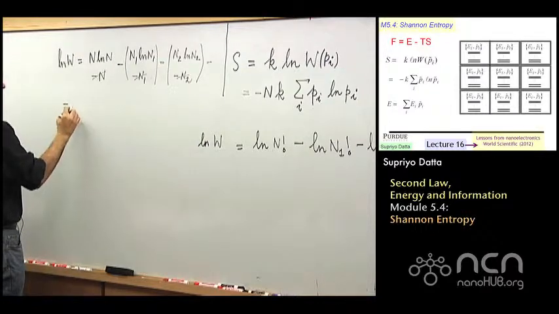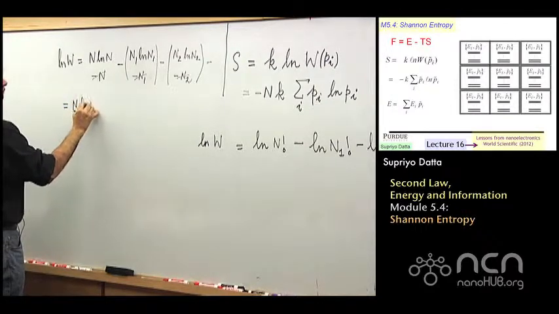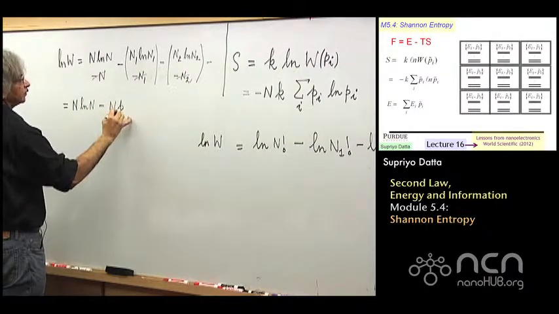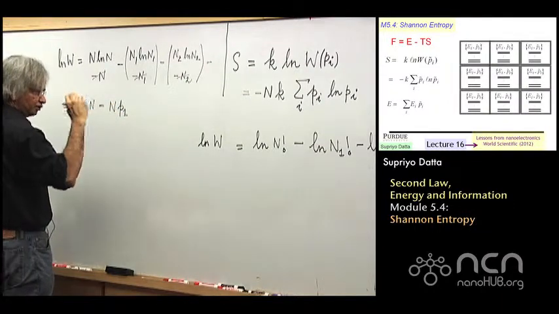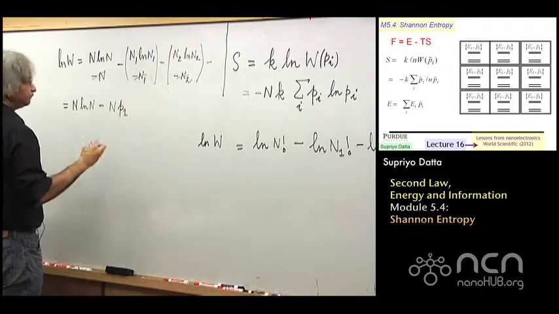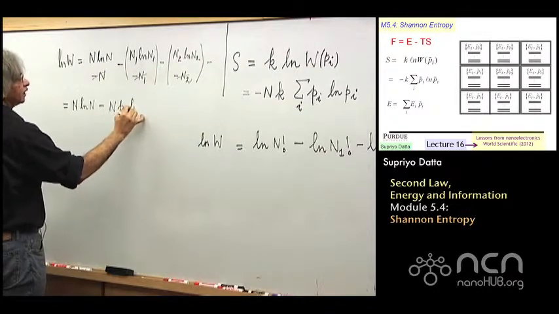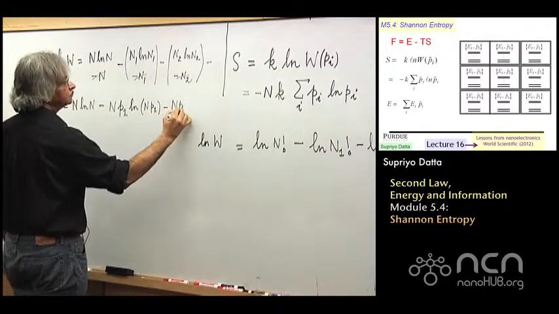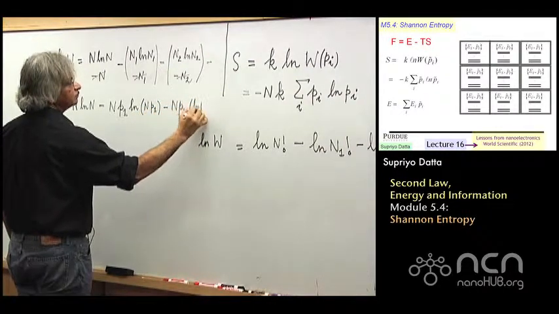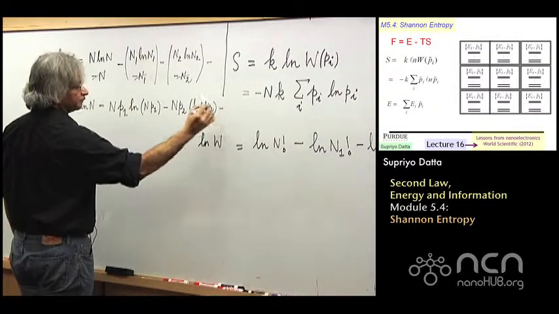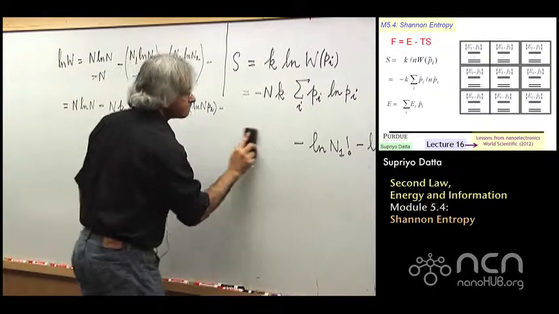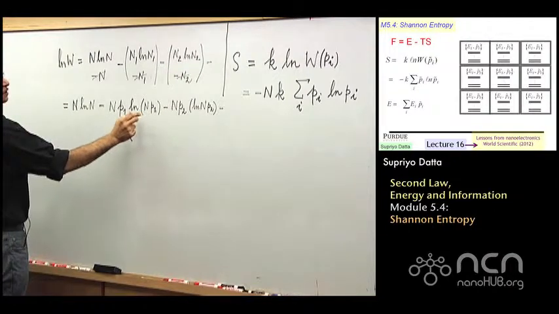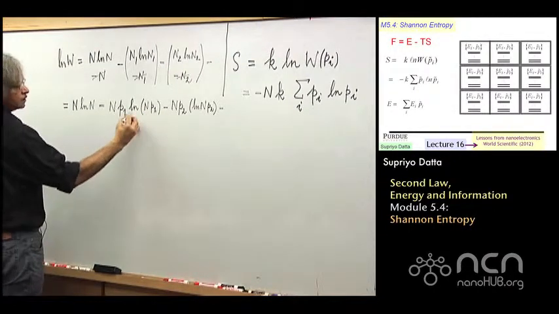And this part you could write as n log n, and then n1 is np1. So this is the probability of this one individual system being in state 1, that's np1, and then it's logarithm of np1, and then np2, logarithm of np2, etc. Now, this I could separate out into two parts.